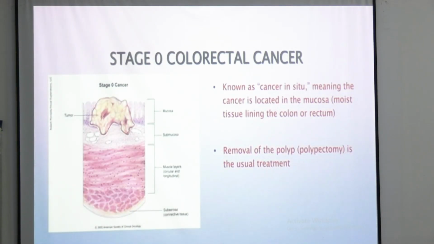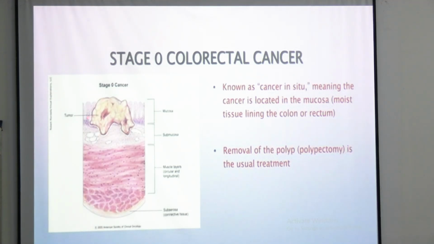So what are the stagings? The first stage is carcinoma in situ, where it is limited to the mucosa and the submucosa, and the other part of the colon is not involved.